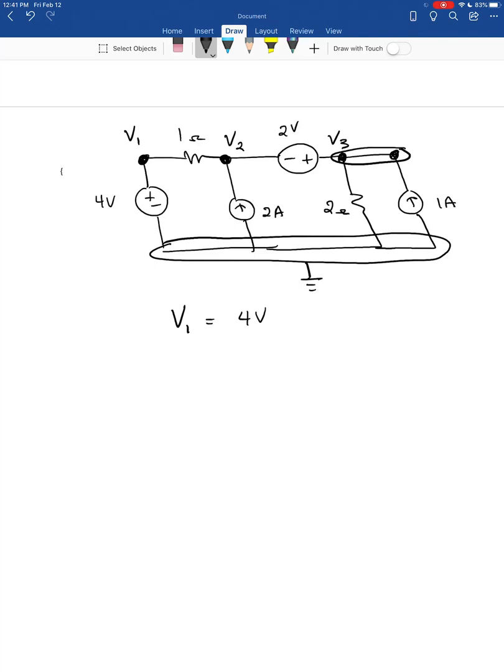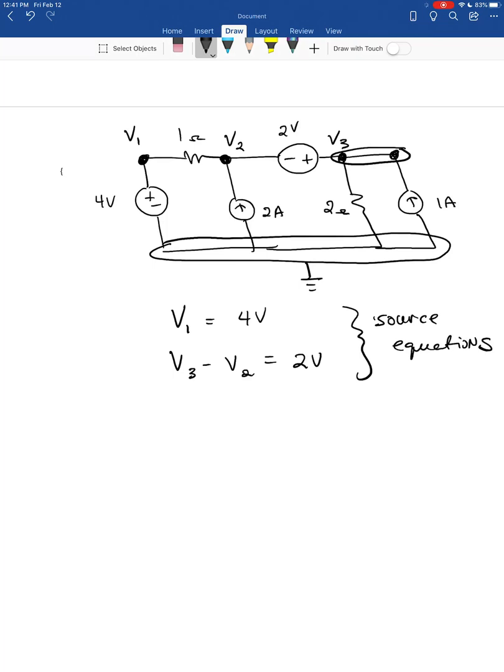And the second thing that's obvious is that V3 minus V2 is equal to 2 volts. So these are my source equations. But that doesn't really tell me much.